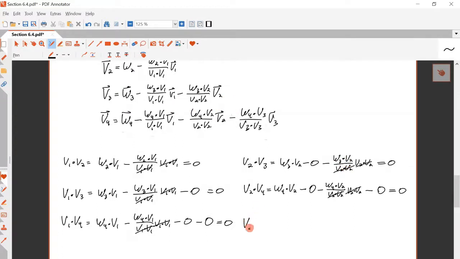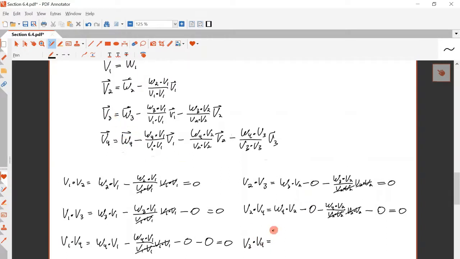Right, and now V3 dot V4. Well, that's V3 dot W4 minus V3 dot V1, which is 0, minus V3 dot V2, which is 0, and then minus V3 dot V3 times W4 dot V3 over V3 dot V3.